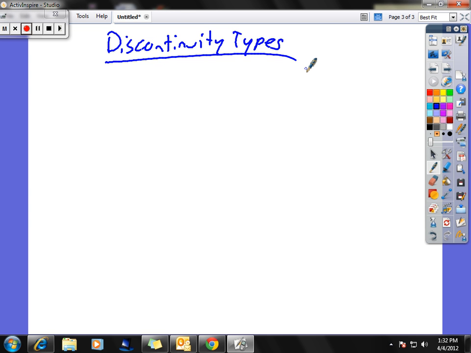That's where you can't have x values. So we're going to look at where a denominator equals 0. Now there's different situations here.